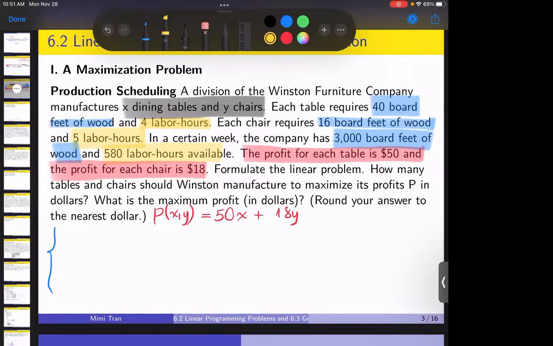Now, why do I highlight things like that? Let me ask you, why don't I combine the 40 board feet and the 4 labor hours together, because they're in one sentence? Naturally, you would do that. Why don't I do that?